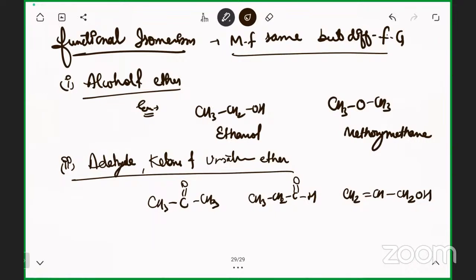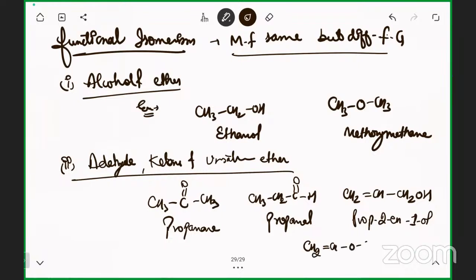All the compounds have 3 carbons, 6 hydrogens and 1 oxygen. The first one is propanone, a ketone. The second one is propanal. The third one is prop-2-en-1-ol. One more compound we can make is an ether: CH2 double bond CH single bond O single bond CH3. It is methoxyethene.